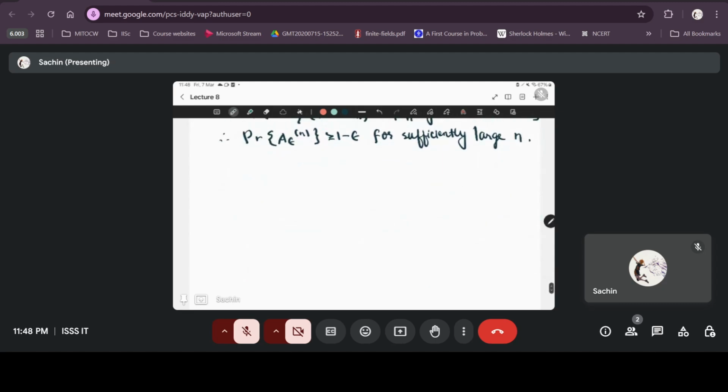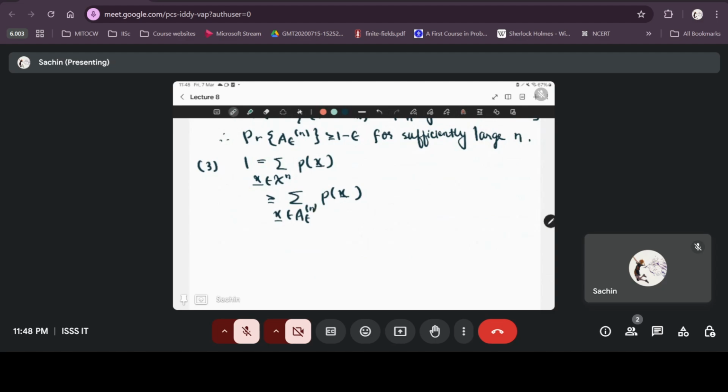Finally, we have two bounds on the size of the set. One is the summation of the probability over all sequences belonging to script X power n, which is greater than or equal to the sum of the probabilities of all sequences belonging to the typical set, because the typical set might not contain all the sequences.